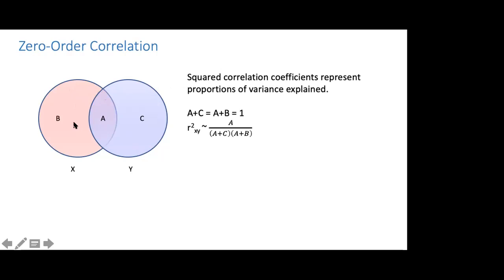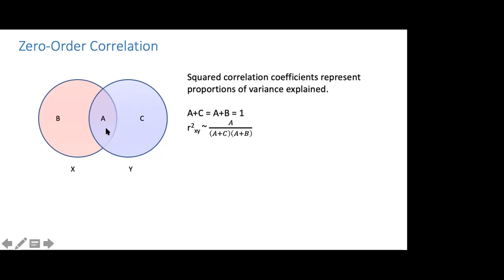Roughly, it's not mathematically exact here, but it's roughly the proportion of A on A plus C times A plus B. So what is the proportion that B explains in C and that C explains in B? You could also see it that way.